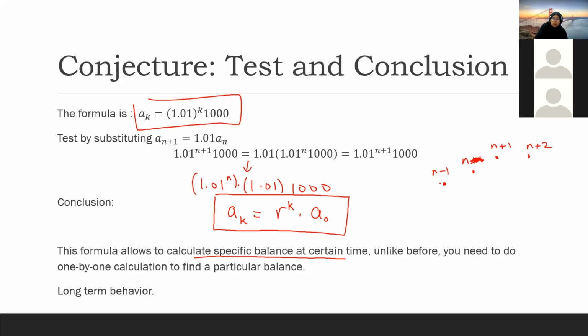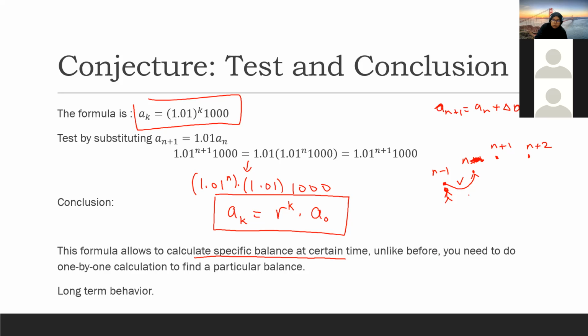So this way, if you are right here, you can only go to the next value if you are using the formula of change, a n plus 1 equals to a n plus delta a. If you want to use this formula, then you can only go one step at a time.